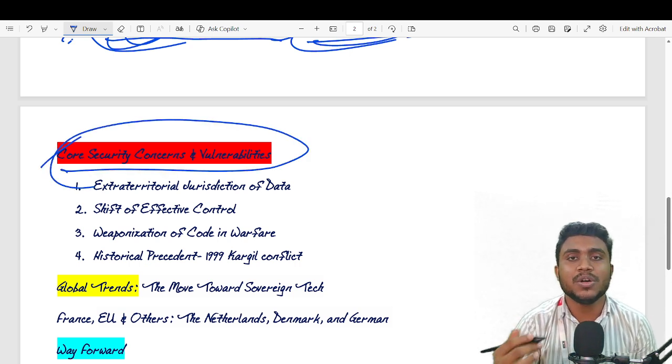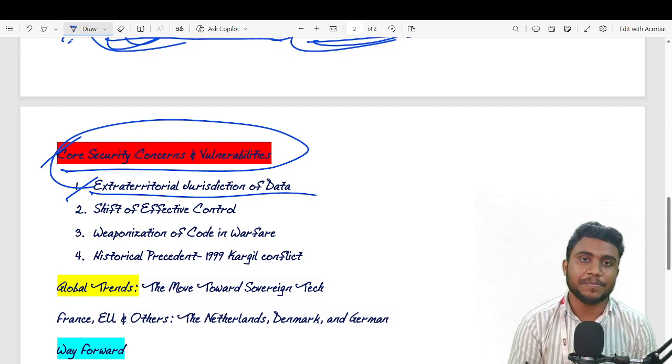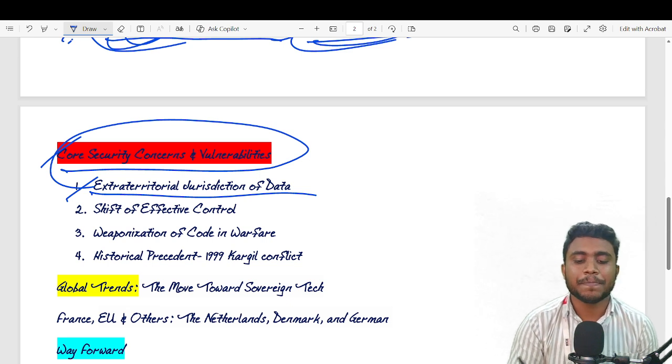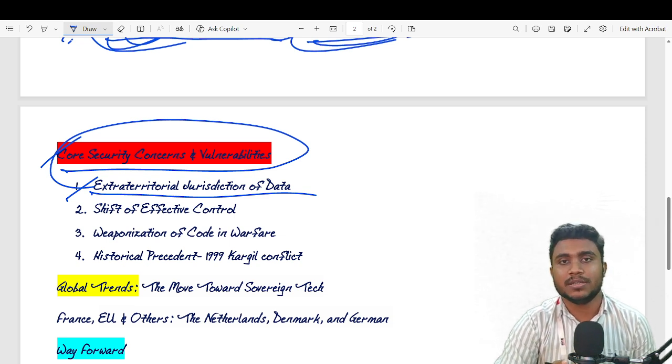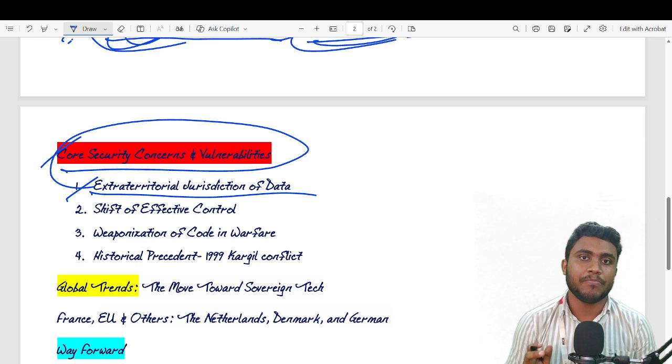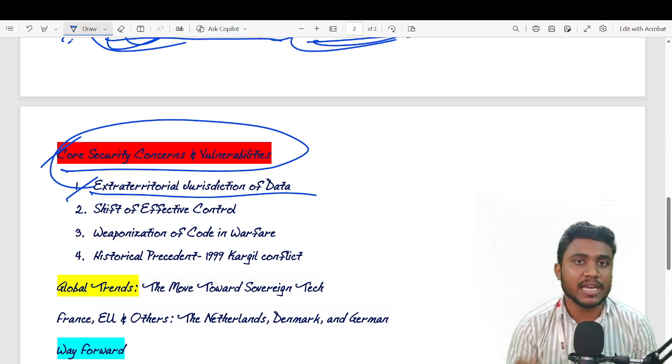What are the security concerns? The extraterritorial jurisdiction of data. What is that? We make a law that foreign companies should localize the data. What is localized data? They must store our data, what we consume, what we share, all our data, in India.